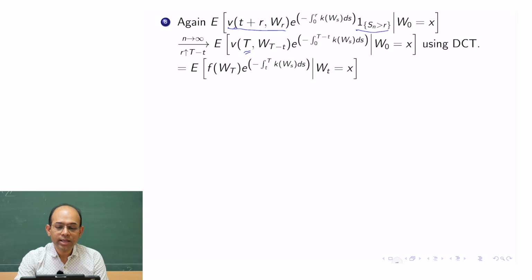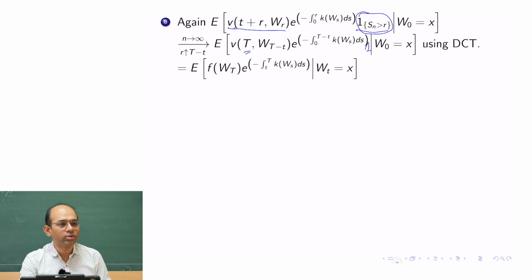And here S_n: as n tends to infinity, S_n goes to infinity with probability 1. On the other hand, r is a small number, at most capital T minus small t. So the probability that S_n would be more than r grows to 1. This indicator function goes to 1 with probability 1, so I am going to get only 1 here.